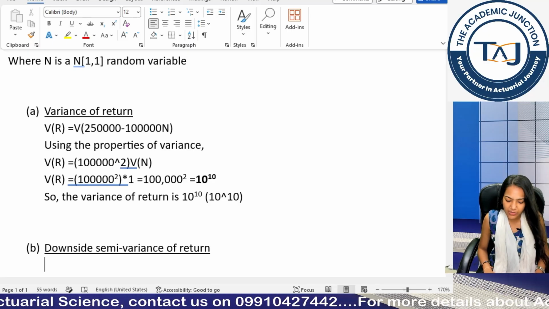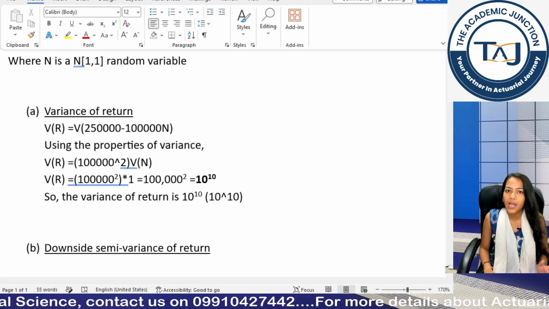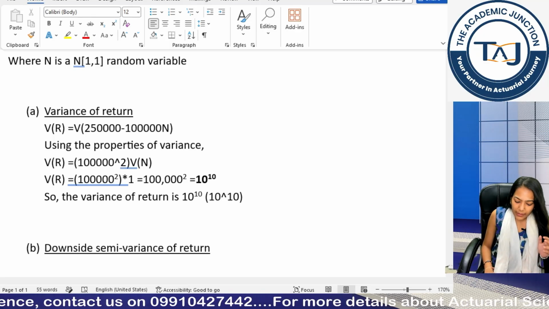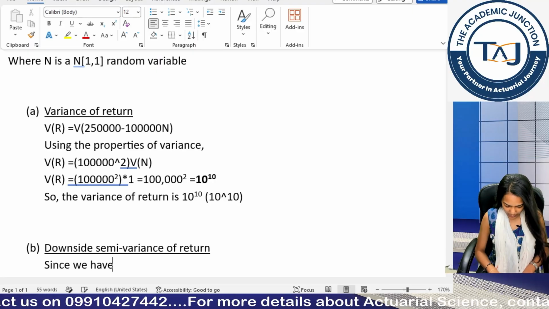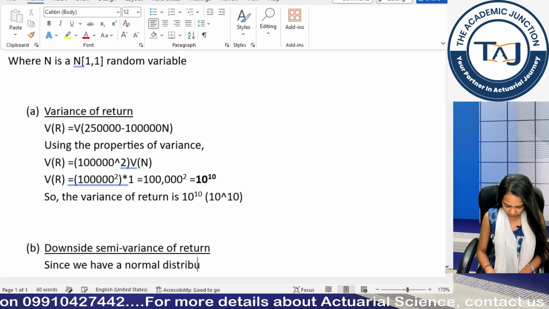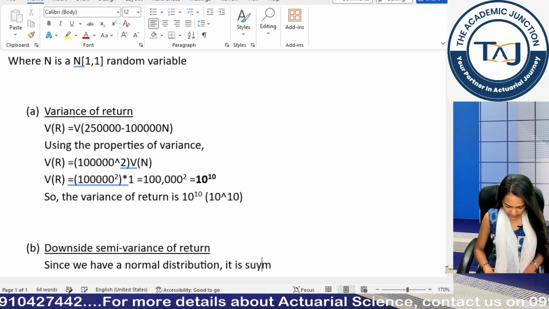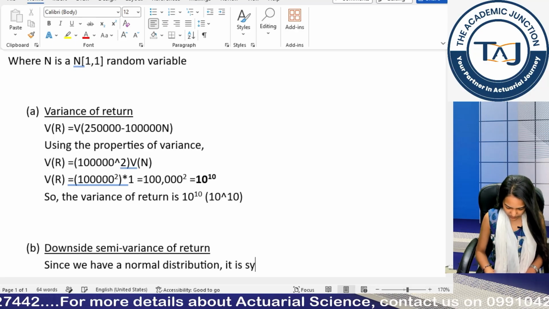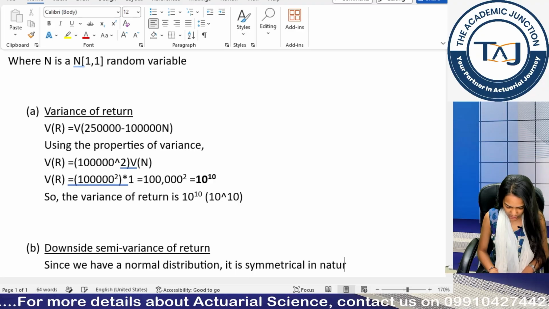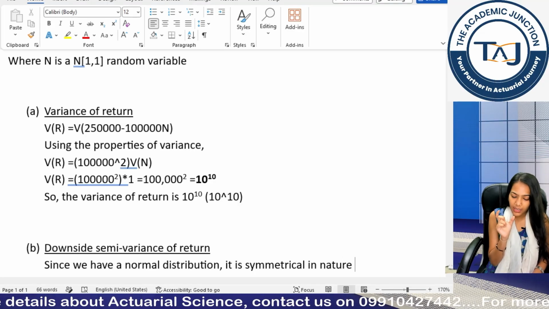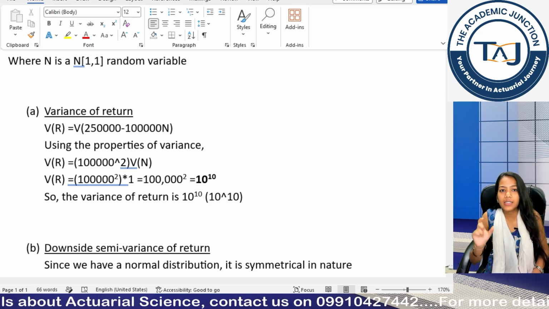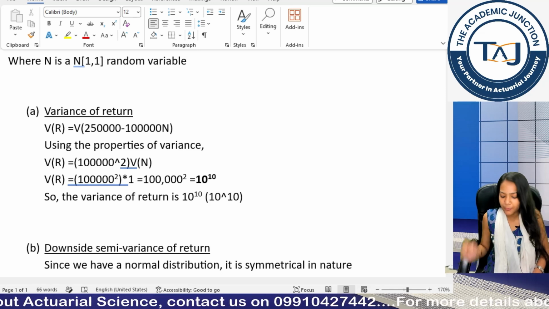Now, since it is a symmetrical distribution, we can simply say that it is half the variance. Since we have a normal distribution, it is symmetrical in nature. Please make sure you mention that since this is normal, it will be symmetrical and that is why it will be half.